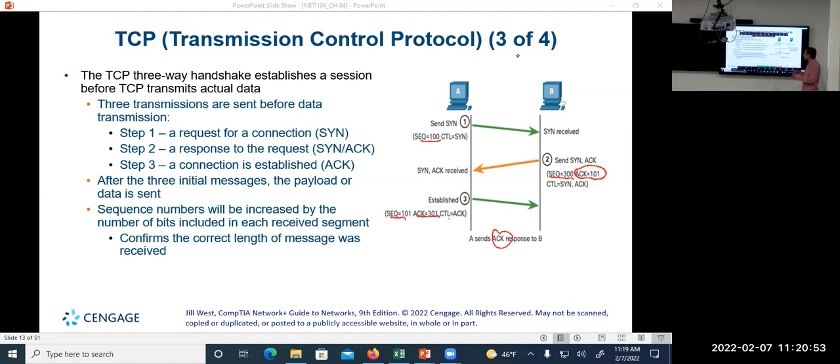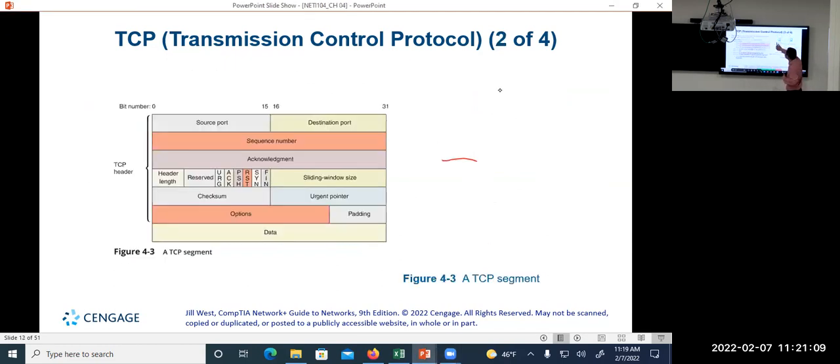For each message they have a flag. They call this one the SYN message, this one the SYN and ACK message, and this one the ACK message. Now you can look back at all the flags here. When you work with Wireshark, you can see which flag you have: SYN, FIN, or acknowledgement.